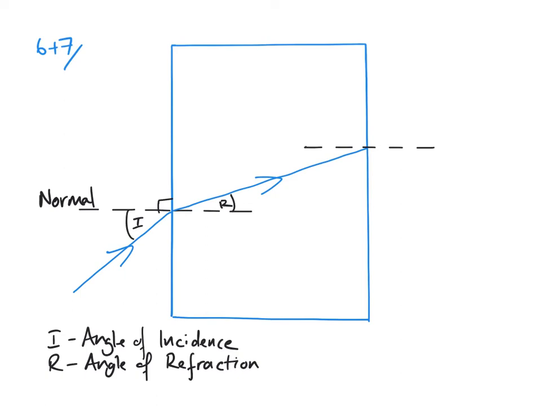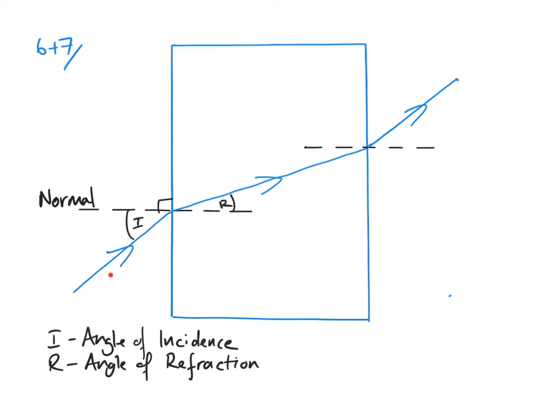And the last part, because this is a rectangular block, it will bend back away to the exact same angle as it entered. But only because it's a rectangular block. So the final direction of that ray will be in the same direction as the very starting ray.